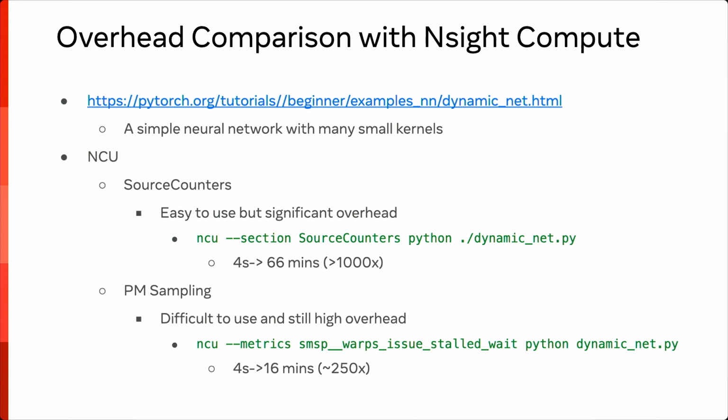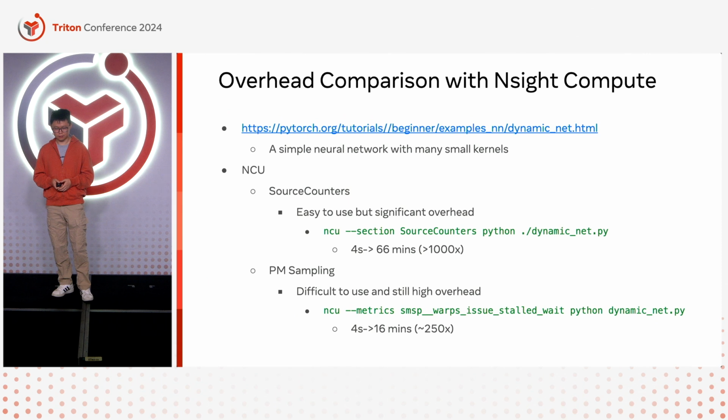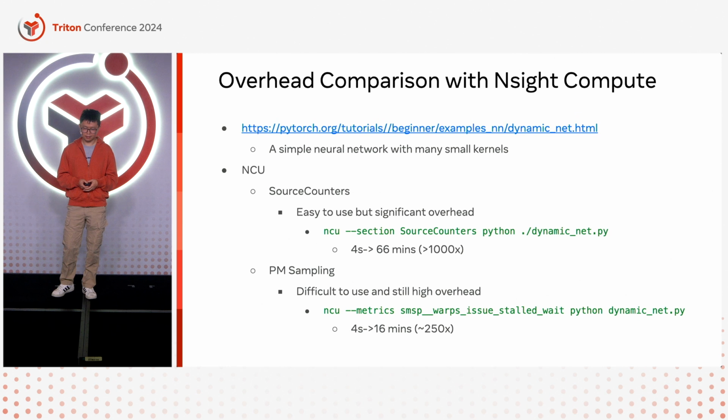It's going to collect more metrics than instruction sampling, so it's going to introduce very significant overhead. Originally, the PyTorch script runs for only 4 seconds, but after you enable this source counters section, it's dilated to 66 minutes, meaning that the overhead is more than 1,000x.